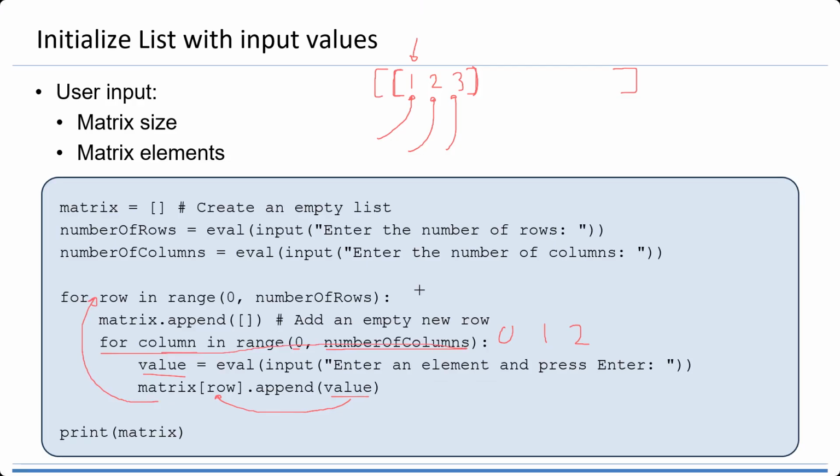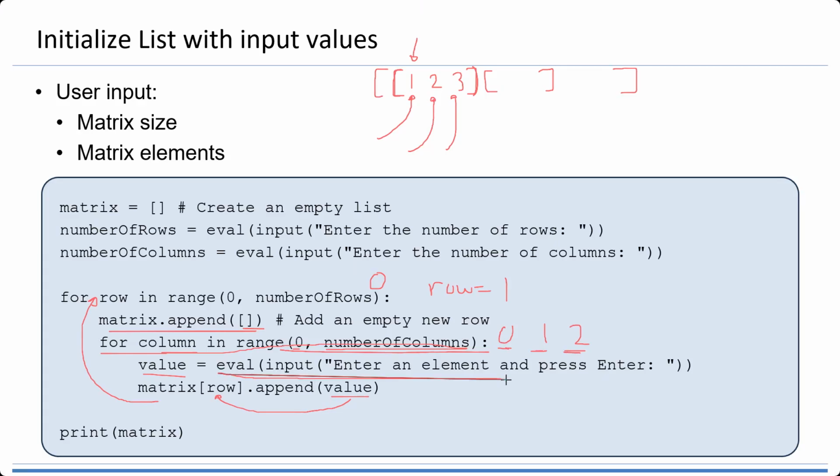The next row means row equals 1. Originally, the row equals 0. And then we have another new empty row. After we have a new empty row, we again do the loop from 0 until the number of columns. Let's suppose there are 3 columns. We start from 0 and then go to index 1, go to index 2.